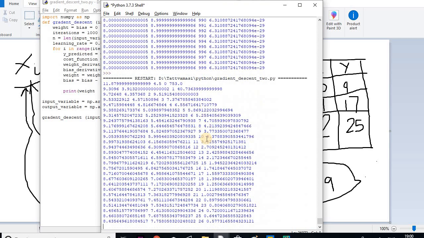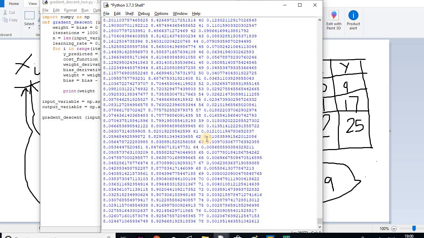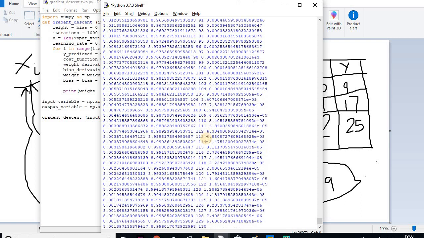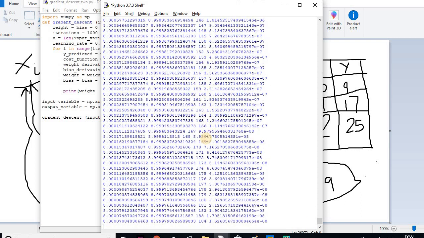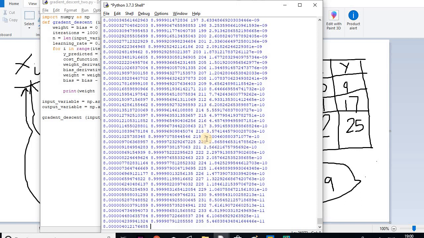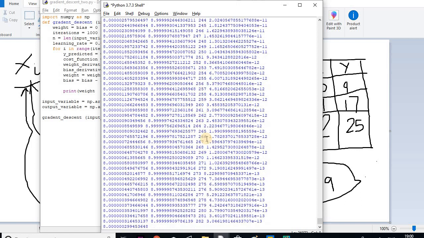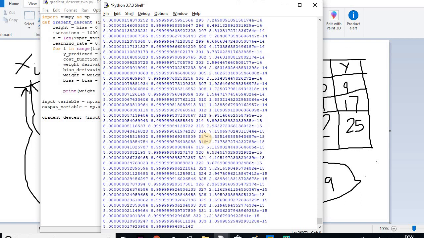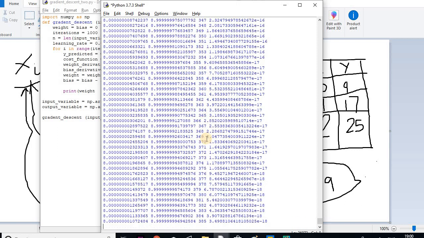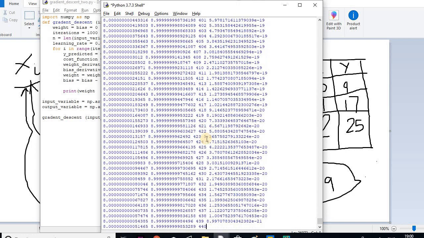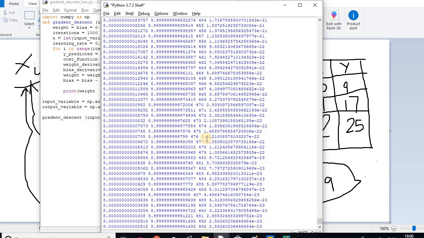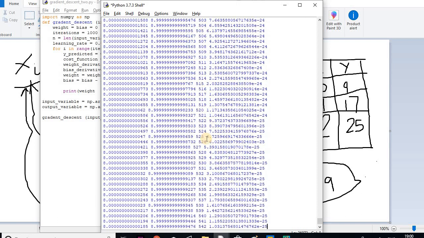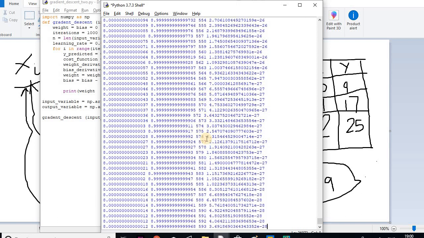Is it working? It's again decreasing. The cost function, and the weight and bias are giving the proper values, and the cost function is decreasing. Yeah, again we need to go back.